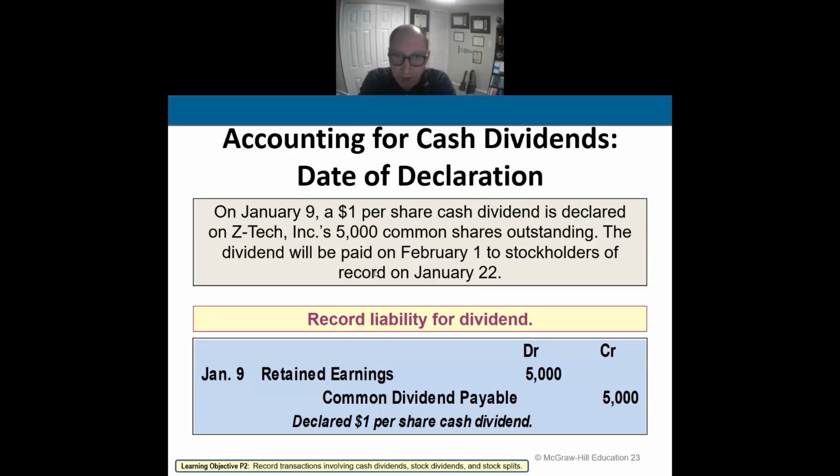So there's a couple of transactions that I need to record. The first one is to record the liability for the dividend. On January 9th, our company said, yes, we're going to pay a dividend. Great. So January 9th is the date. I debit retained earnings to reduce the retained earnings, and I credit common stock dividend payable to represent the new liability that I've got to pay my stockholders.